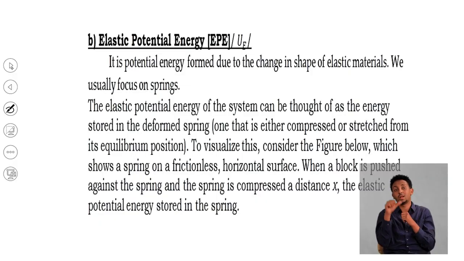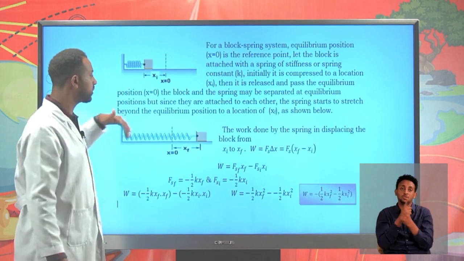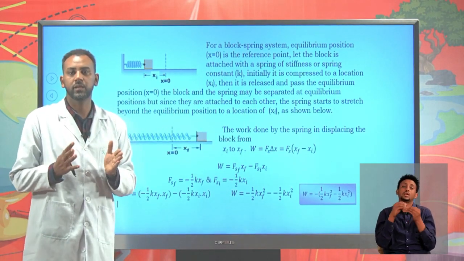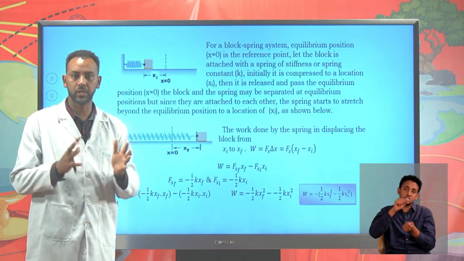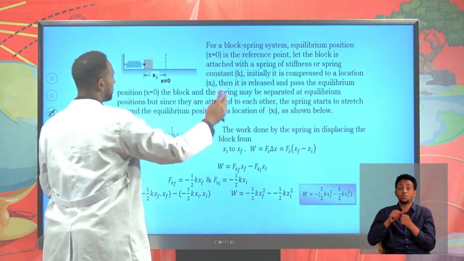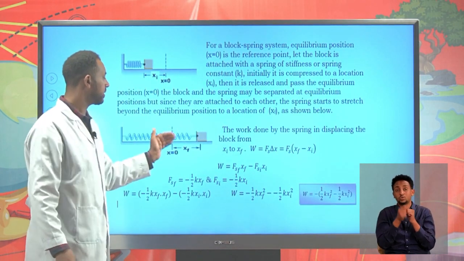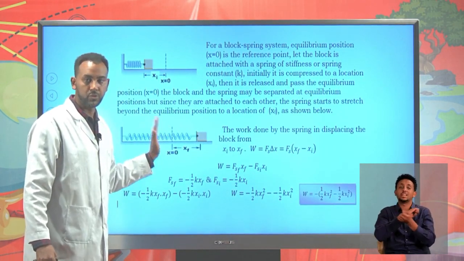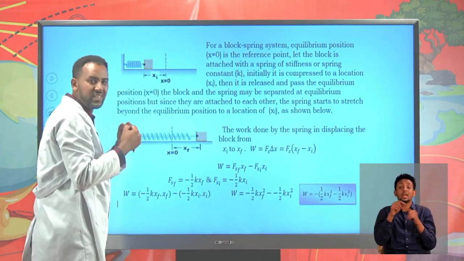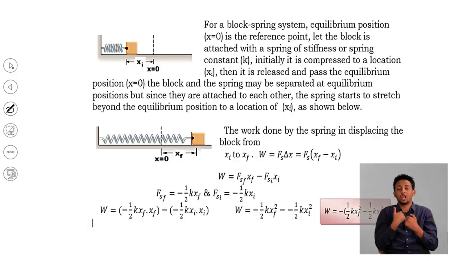The other form of energy is elastic potential energy. Previously, we have seen gravitational potential energy. Now we can have elastic potential energy. Elastic potential energy is energy stored in elastic materials like springs, polyethylene, and so on. As you try to pull or compress a spring, you store energy in it. The spring has the potential energy to exert force.